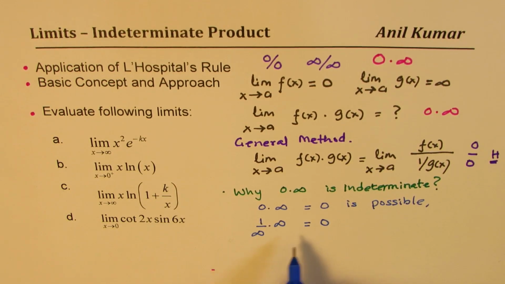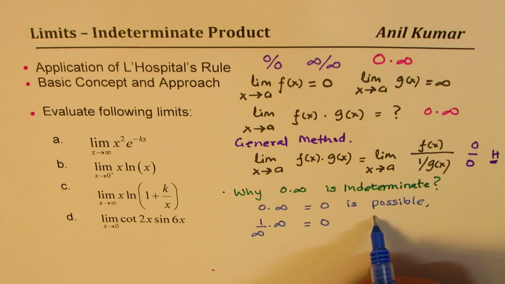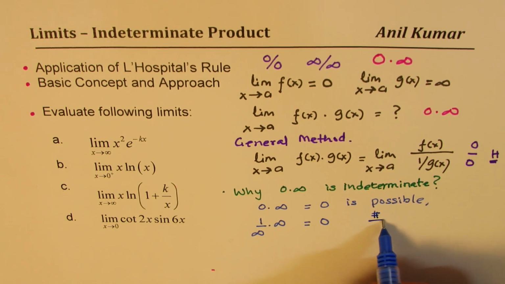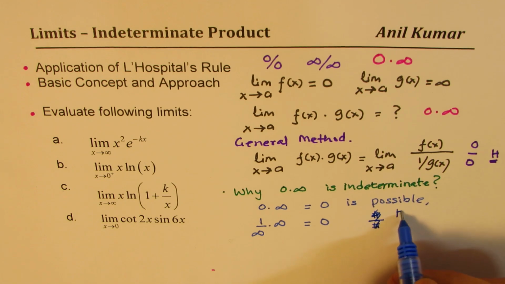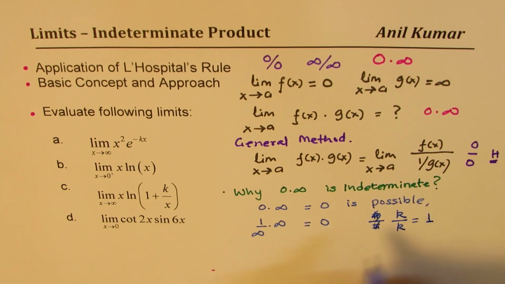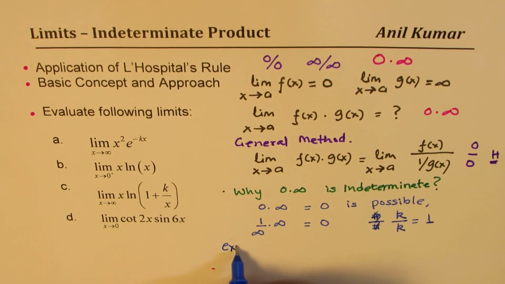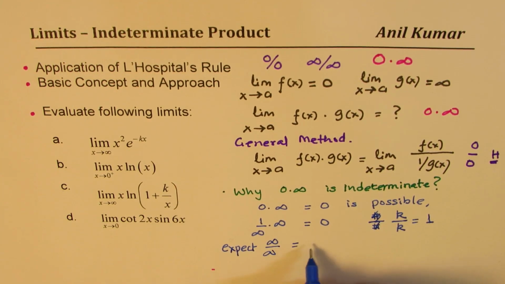However, we know that something divided by the same thing should be equal to 1, because that's the same thing. But what do we expect? We expect infinitely large over infinitely large to be 1.